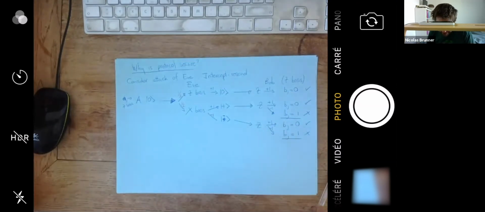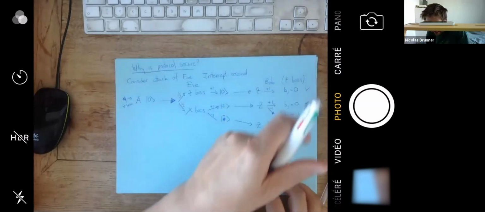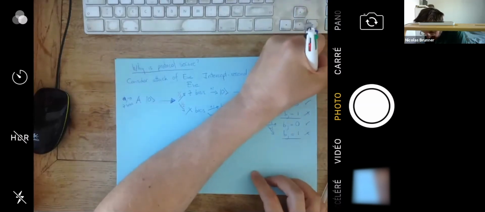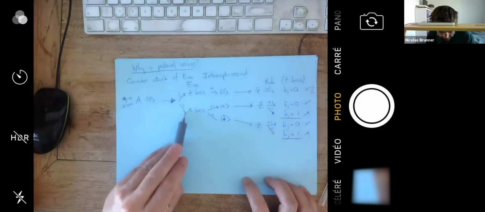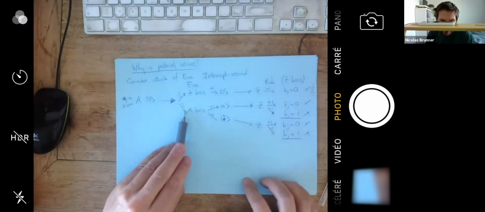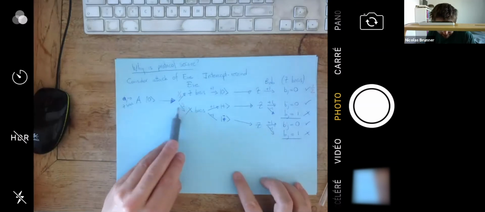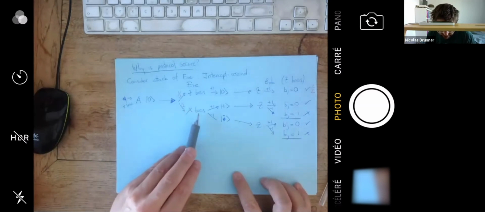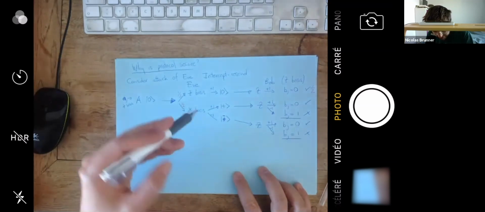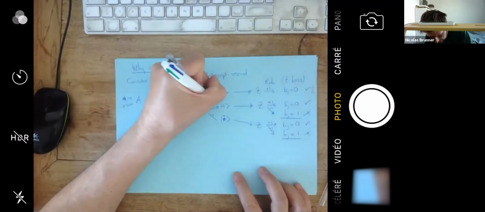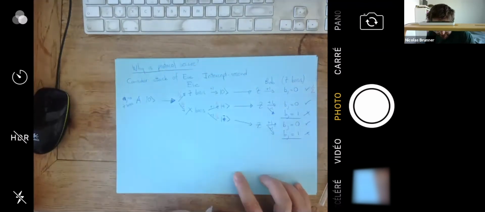Okay, so the final probability of this case here is 1/2. Now let me go to the lower branch where things get more interesting. So here, Eve made the measurement in the wrong basis. And so the statistics of the result is random. So there is a probability of 1/2 here and 1/2 there.